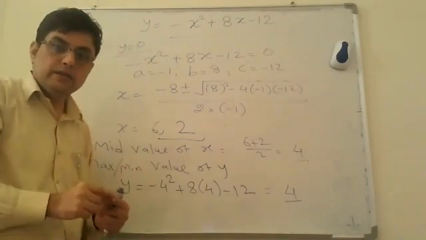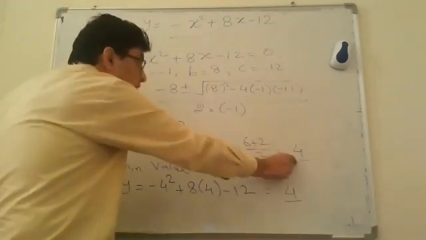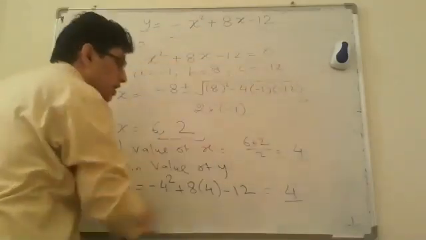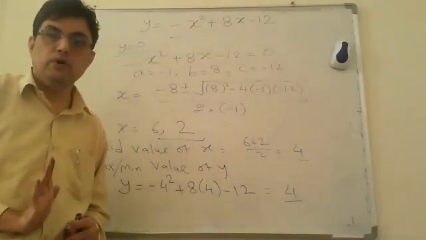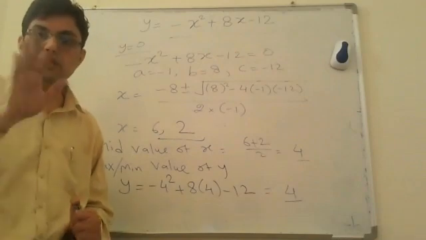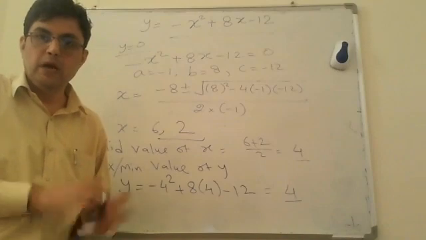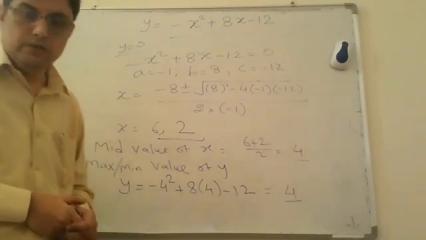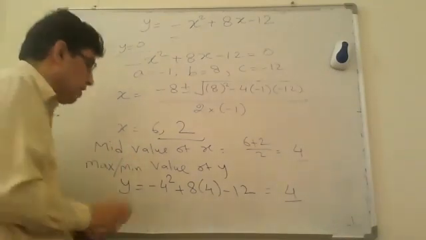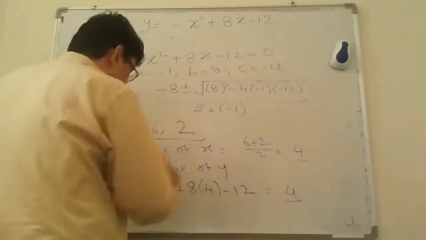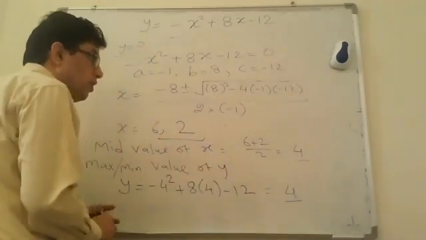And the next part, put that value in the equation. You get the y corresponding. Take a photo, watch this video multiple times to make sure. So you get y is equal to 4.